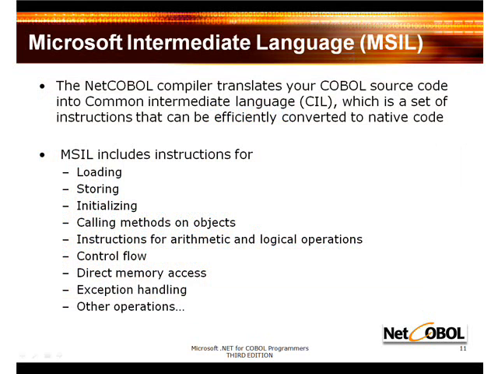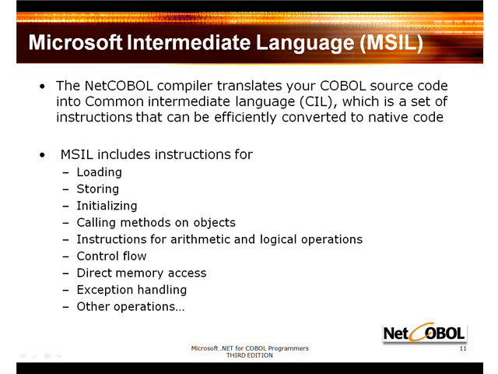Let's move on to Microsoft Intermediate Language, or MSIL. MSIL is also referred to as CIL, or Common Intermediate Language. When compiling to managed code, the language compiler, like the NetCOBOL compilers, C# or VB.NET compilers, translates all of your source code into the Microsoft Intermediate Language, or MSIL. MSIL is a CPU-independent set of instructions that can efficiently convert to native code.